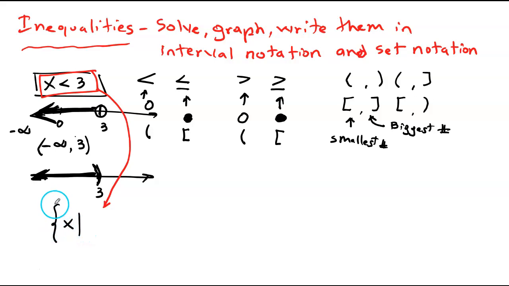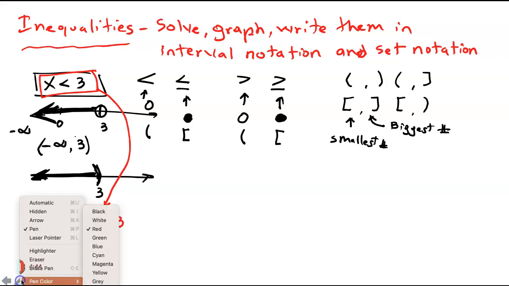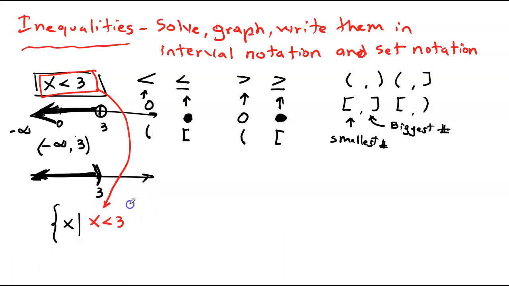So I start with brace, x such that, and I bring my inequality, x is less than 3, and then I close my brace. And this is set notation, and it's read: all the numbers x such that x is less than 3.